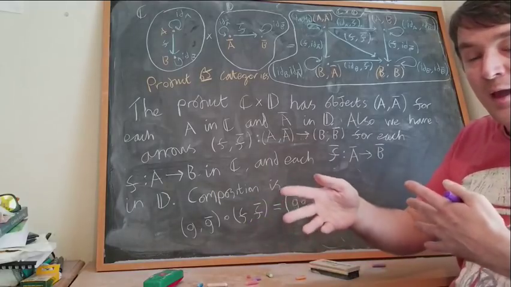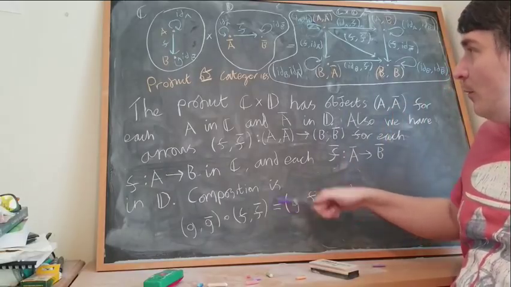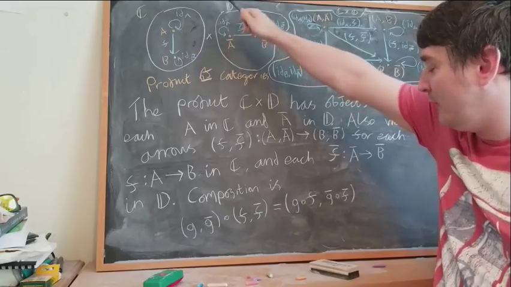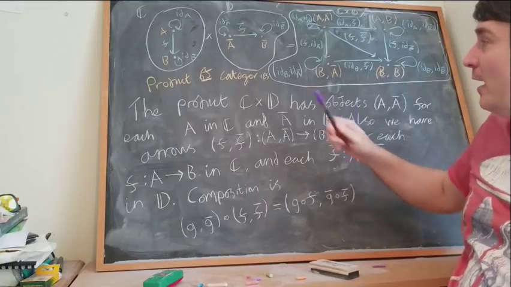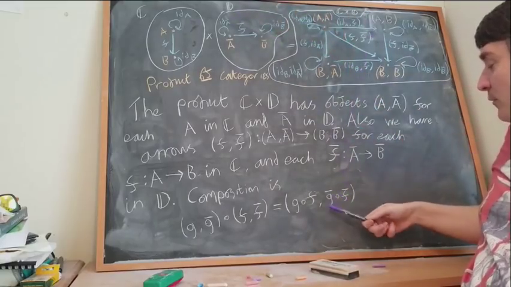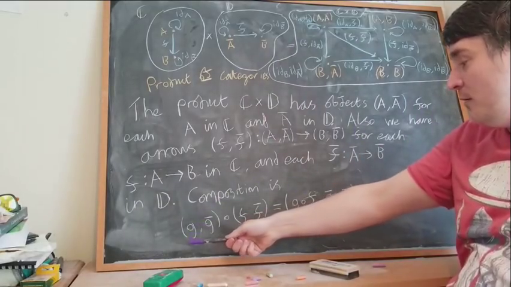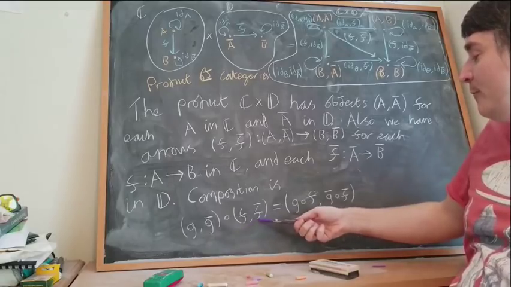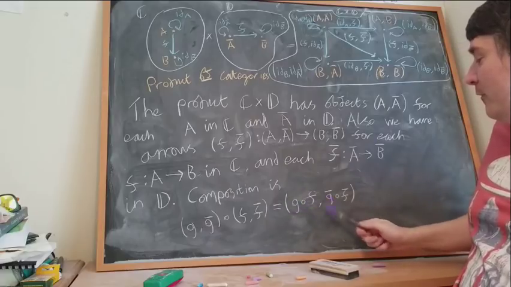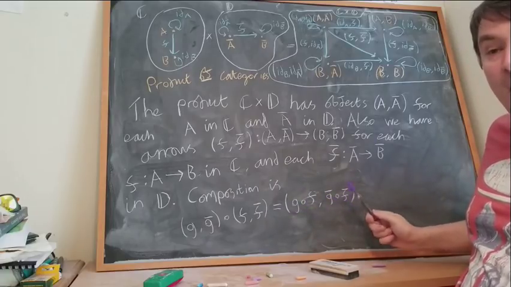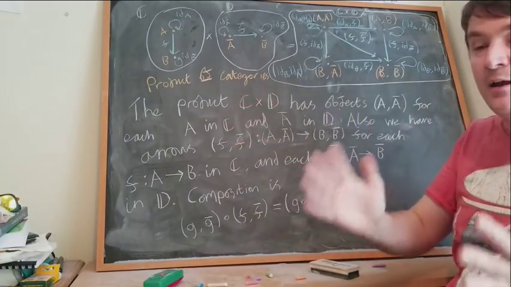Well, all we do is we look at what's going on over here, and in this category C, we compose G after F, and in this category D, we compose G bar after F bar, and then we just pair them together. So G comma G bar after F comma F bar is G after F, comma G bar after F bar. Okay, so all we're basically doing is composing these arrows in a natural way.